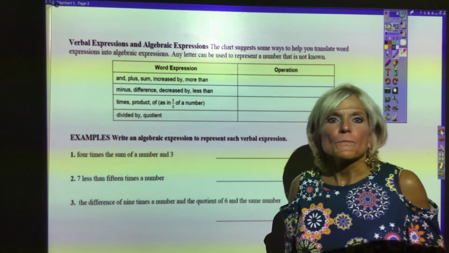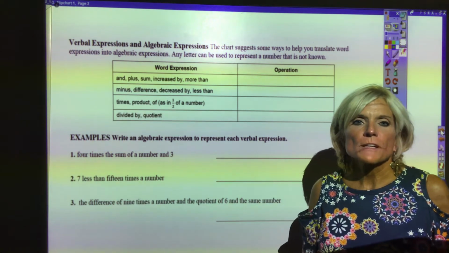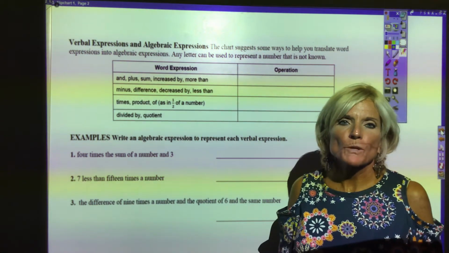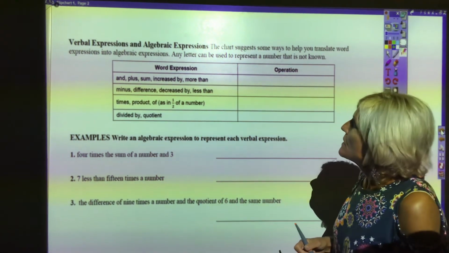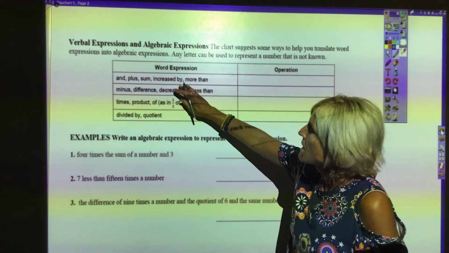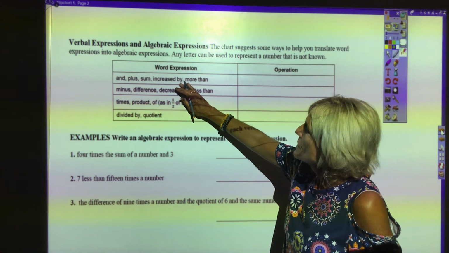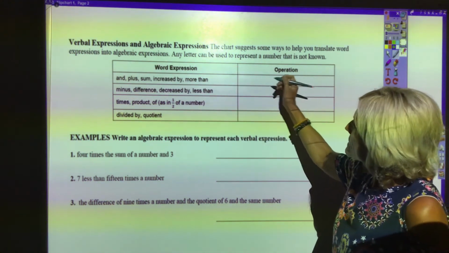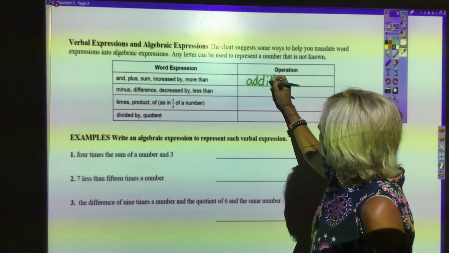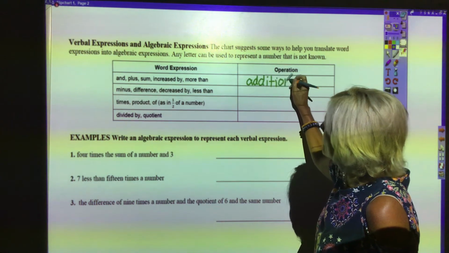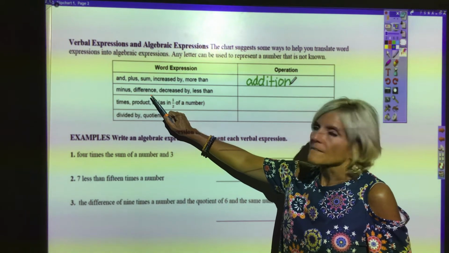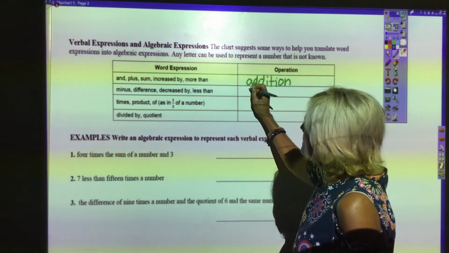We're going to start with talking about what different words and expressions mean mathematically. This will help us to get ready to write word problems. So when you see the words and, plus, some, increased by, more than, the operation is addition. Minus, difference, decreased by, and less than, the operation is subtraction.